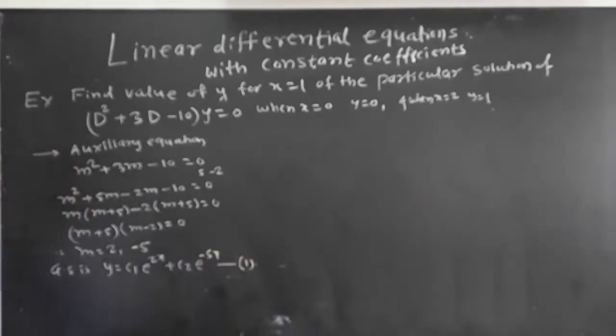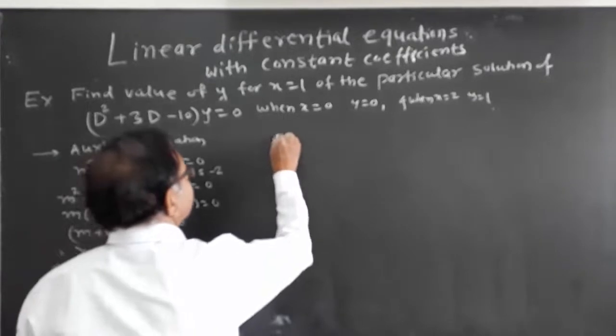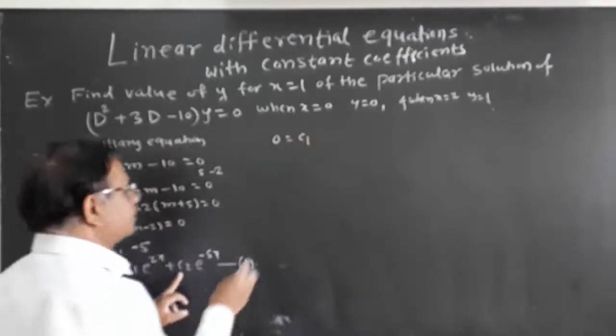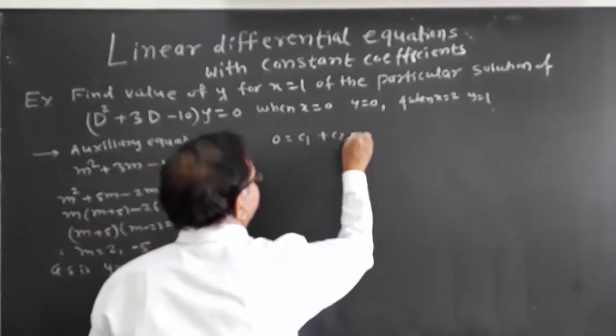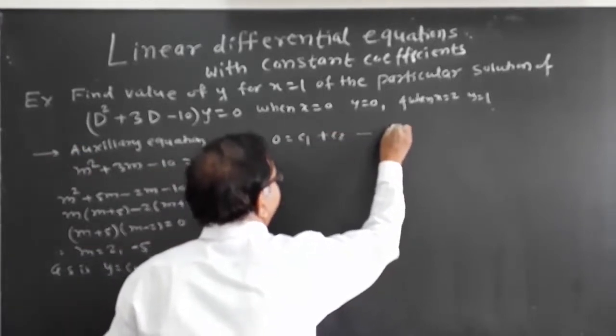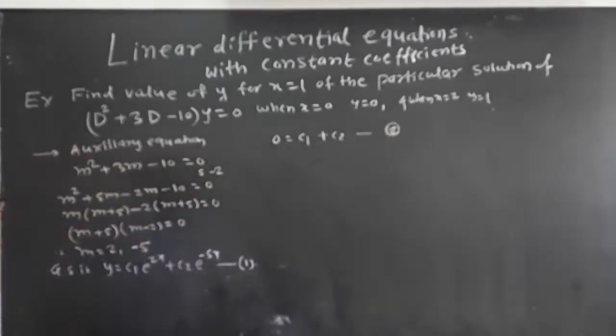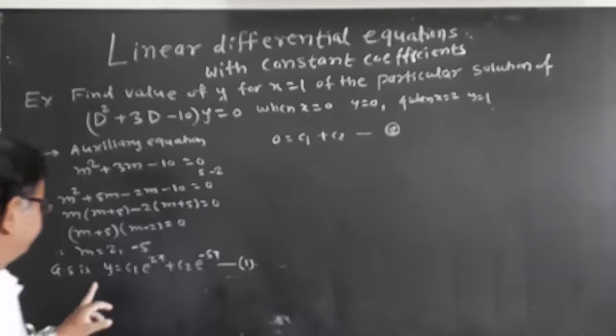For finding particular solution, we shall put x equal to 0, y equal to 0 in equation 1. Therefore, 0 equal to c1 e raised to 0 plus c2 e raised to 0. That is c1 plus c2 equal to 0, equation 2. X equal to 2, y equal to 1.